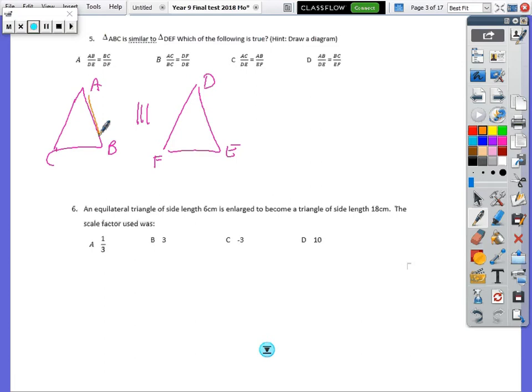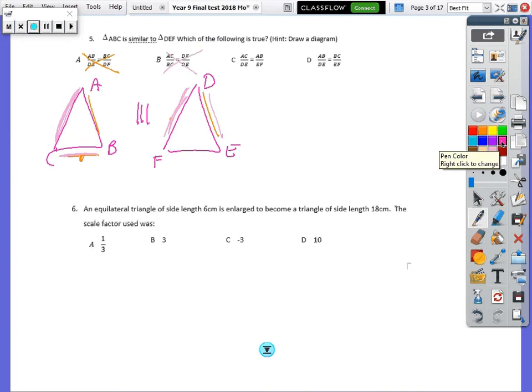AB over DE equals BC over DF, so that's wrong because that was matching that side with that. Okay, change colours. Next one, AC over BC equals DF over DE, so that's wrong, not matching up the sides.